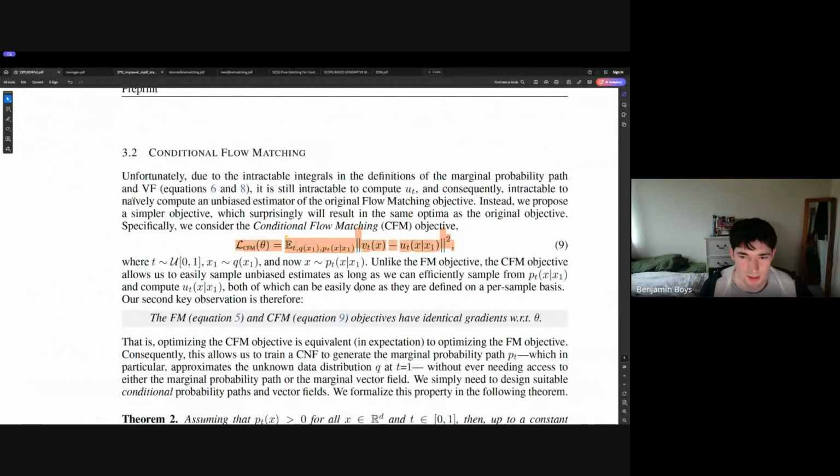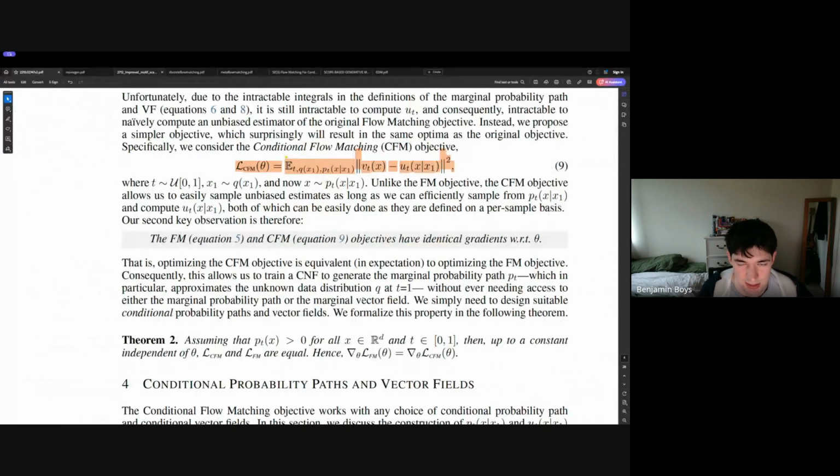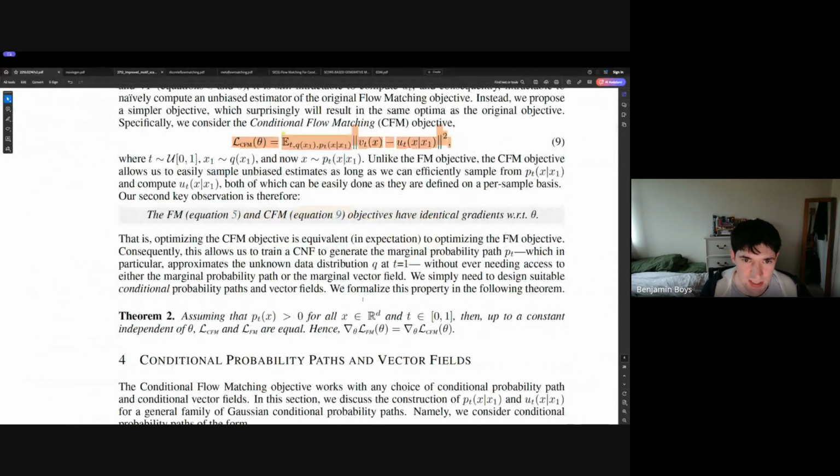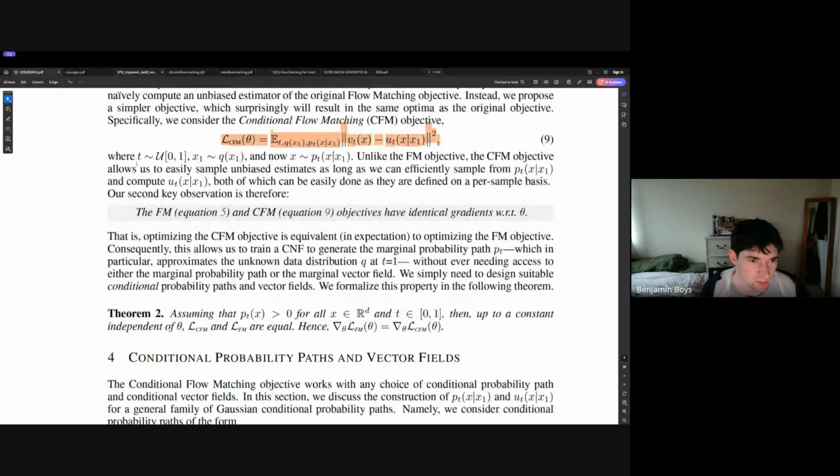Yeah, that's a really good question. I didn't explain this because the details are quite complicated. So T is sampled from a uniform distribution, and this is the simplest way to evaluate this.